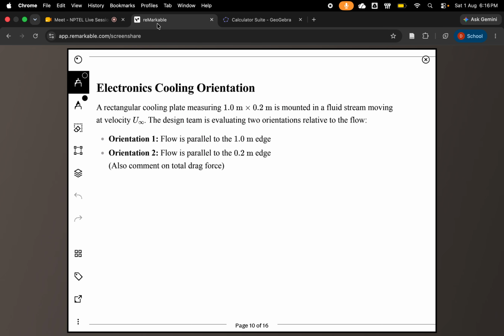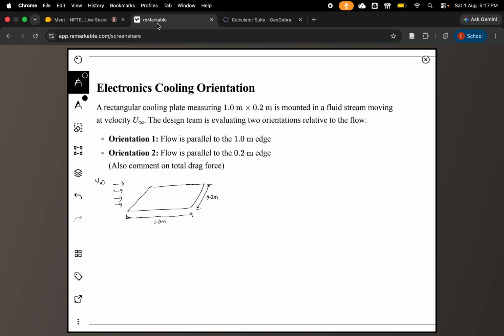Okay. So let's say we have a rectangular cooling plate. Let's say this is my length, say 1 meter and 0.2 meter. And I'm trying to cool that plate by blowing in air, which is at U infinity.